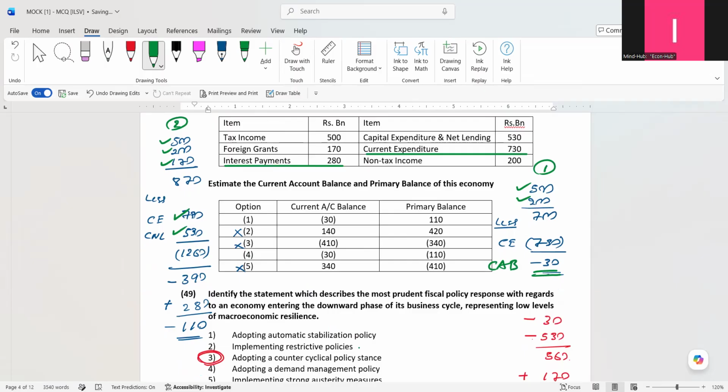So add it back. Minus 390 plus 280, we end up with minus 110. So the correct answer is answer number 4.